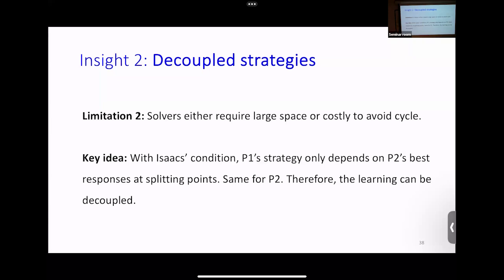Here the insight is that with Isaac's condition and the fact that the game is one-sided, one player has full information, the other one doesn't, we can actually decouple the computation of the Nash equilibrium of the 2 players. So the Nash equilibrium can be solved in parallel, meaning that when you solve the Nash equilibrium for player 1, you don't care about the equilibrium strategy for player 2. You only need the best response from player 2.